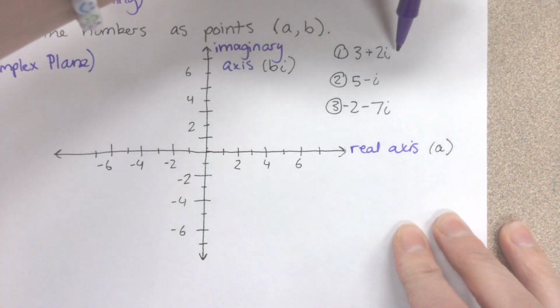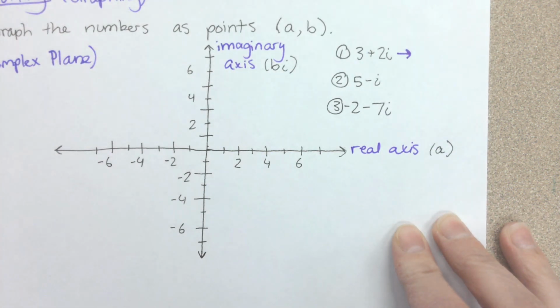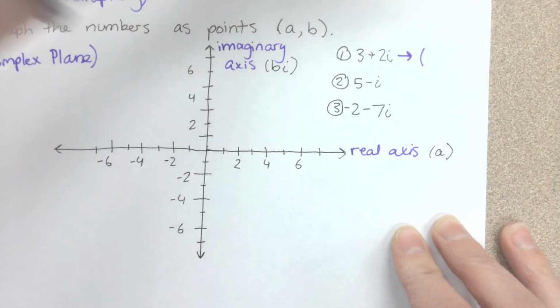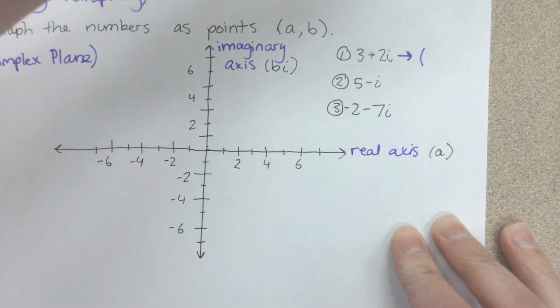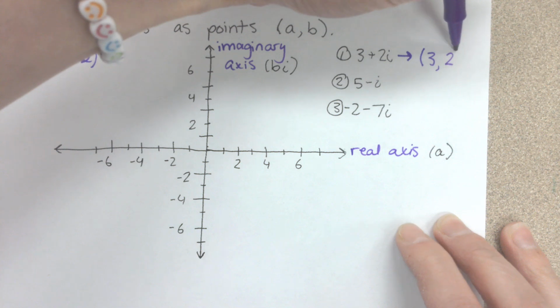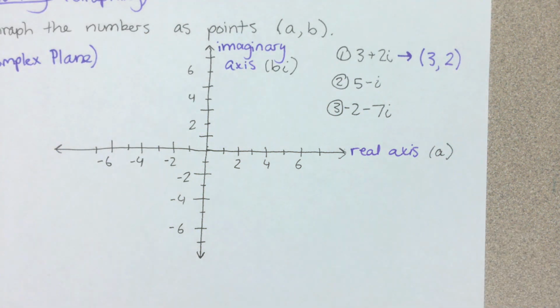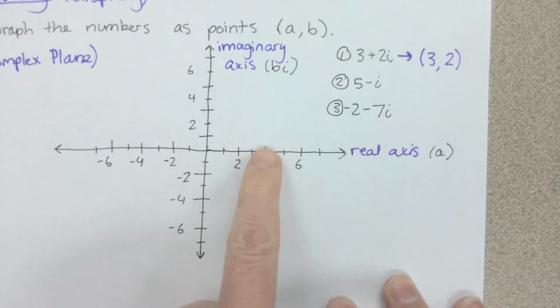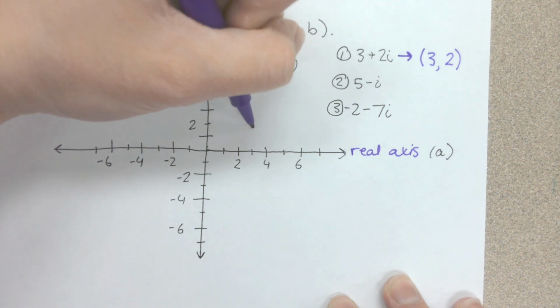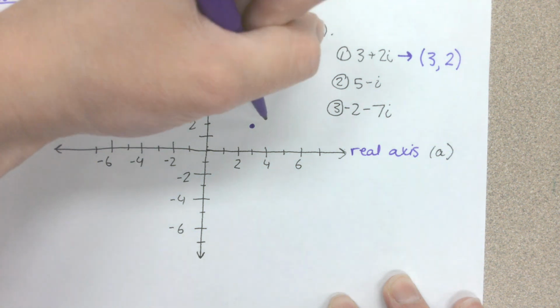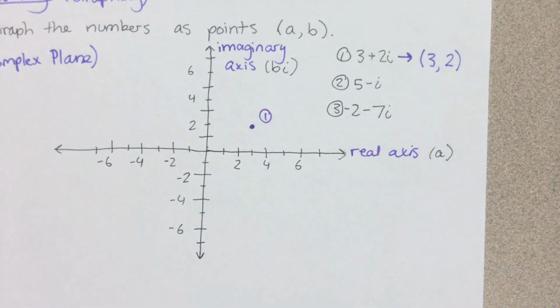Otherwise, we treat this just like we would normally plot anything else. So let's start with 3 plus 2i. Again, you plot it as a comma b. So this would be 3 comma 2. And you plot it the way you normally plot points. So right 3 up 2. And I'll put a 1 there since that's point number 1.